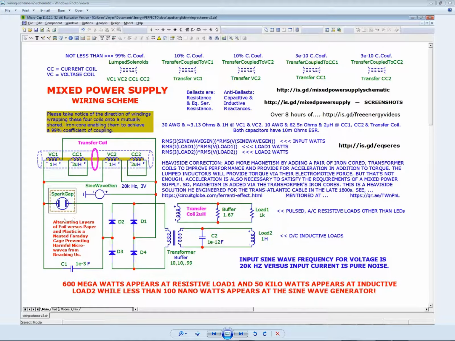Now, in the case of this spark gap, we want it to fire, and that means we need a certain minimum voltage to break down the gap, the resistance across the gap, so that it can fire.